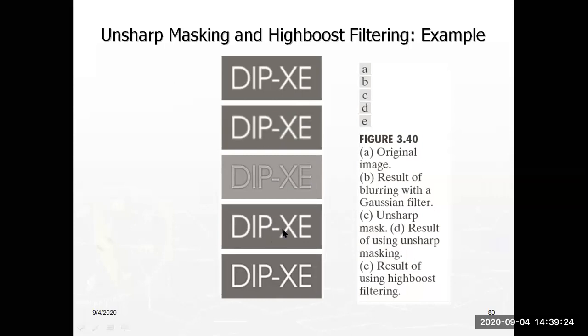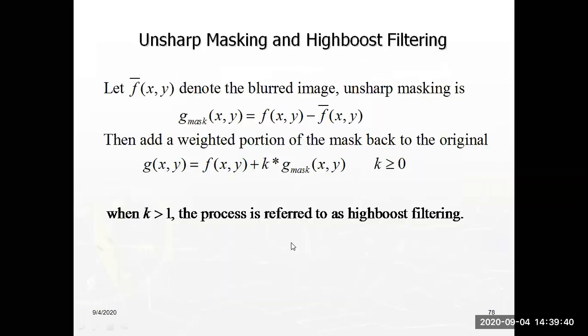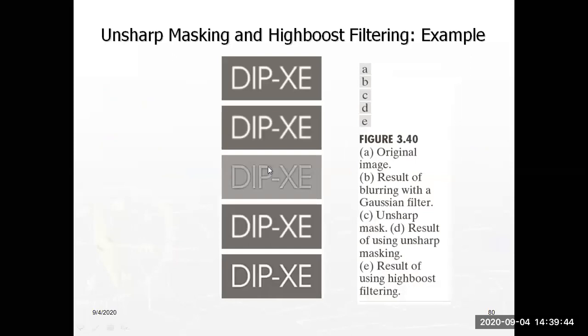If you add this to the original image, this is called unsharp masking. And the last one is the result of using high boost. What is high boost? For this image we are adding weighted values, the k value. If you add with k values, this is called the result of high boost filtering. So the first one is the original image, the second one is the blurring.